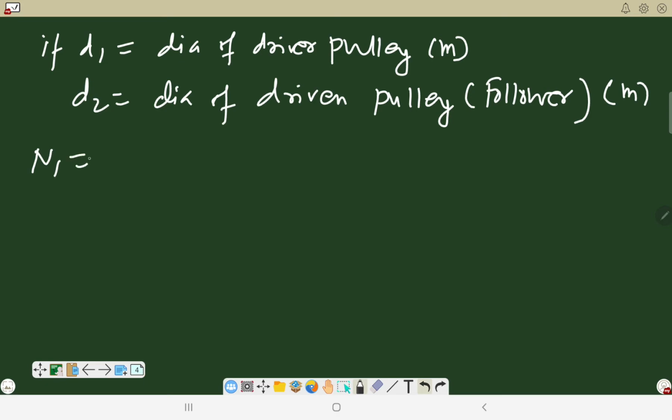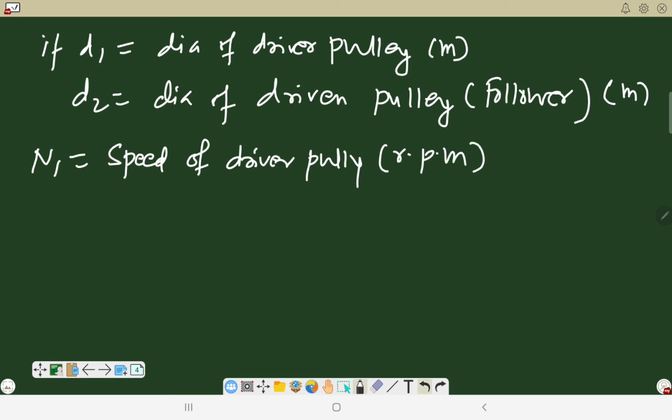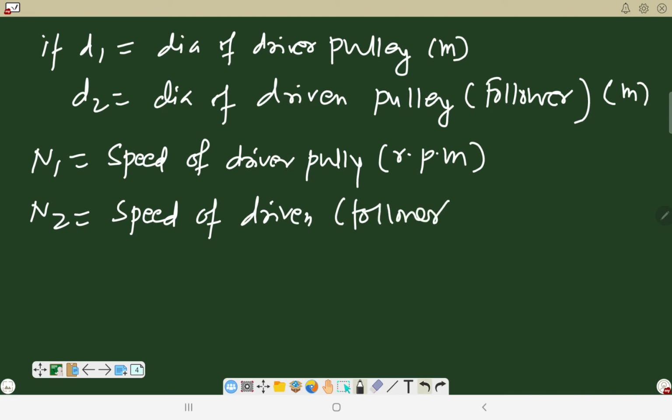Suppose n1 is the speed of driver pulley in rpm, and n2 is the speed of driven pulley, or follower, also measured in rpm.